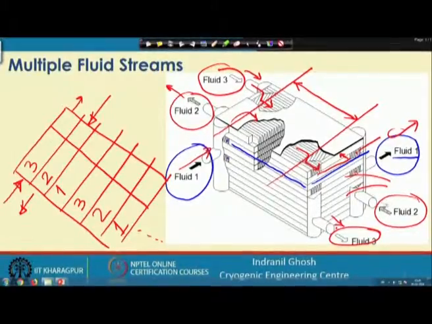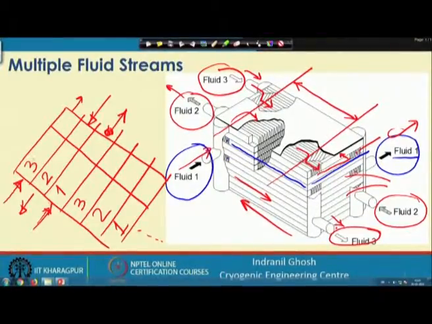In contrast, fluid 2 is moving from this end to that end. Fluid number 1 is entering from this end to this side, and that means this is also in counter current to this. So, we can see that these fluid streams 1, 2, 3 are in counter current configuration with each other.